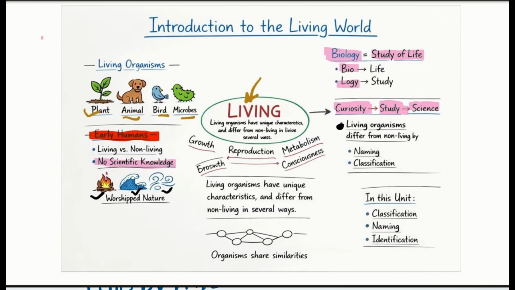Living things show some special characteristics like growth, reproduction, metabolism, communication, consciousness, etc. These features make living organisms different. Also, all living organisms share some similarities. They are connected in many ways. So, in this unit, we will study classification, naming, and identification. So let's start understanding the living world step by step.